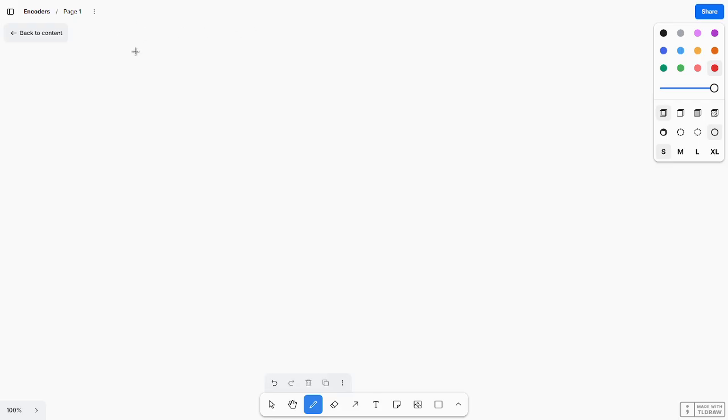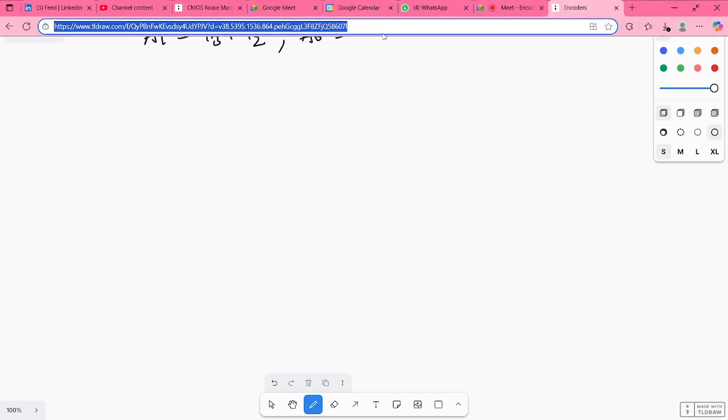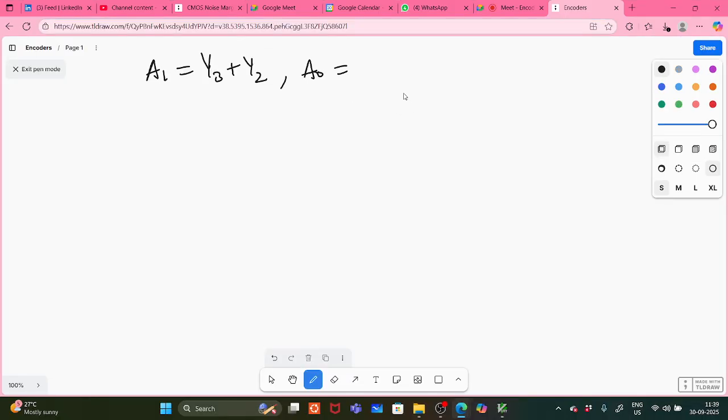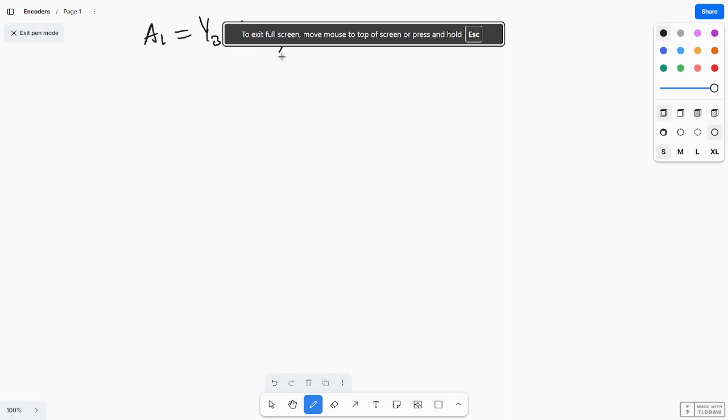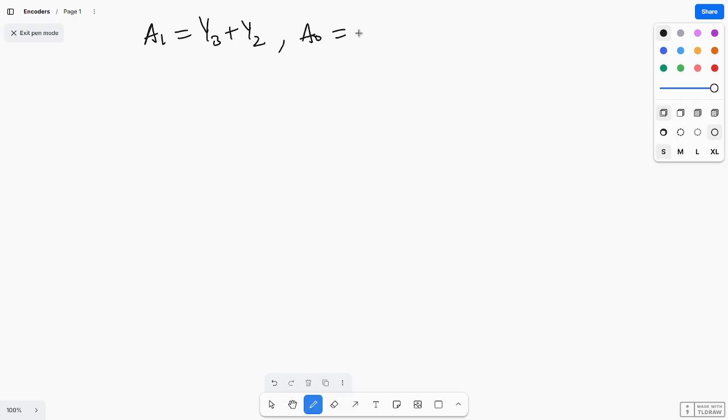A1 equals y3 plus y2, and A0 equals y3 plus y2 bar y1, and V equals y3 plus y2 plus y1 plus y0.